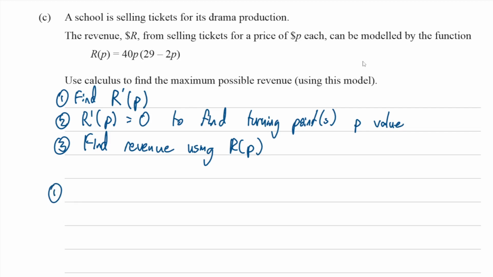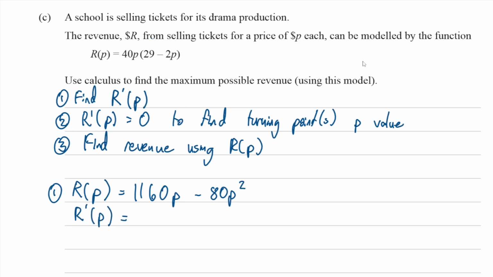To do that, I will first expand the brackets. So what's that? 40 times 29, 1160p, and then minus 80p squared. I did that so we can easily differentiate it.